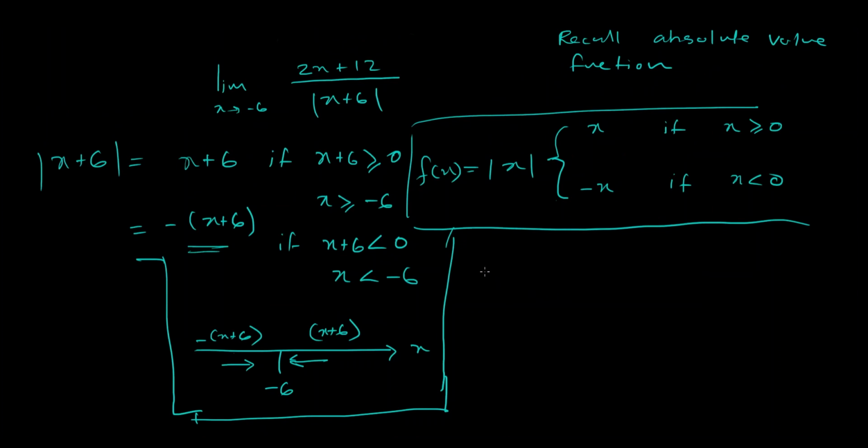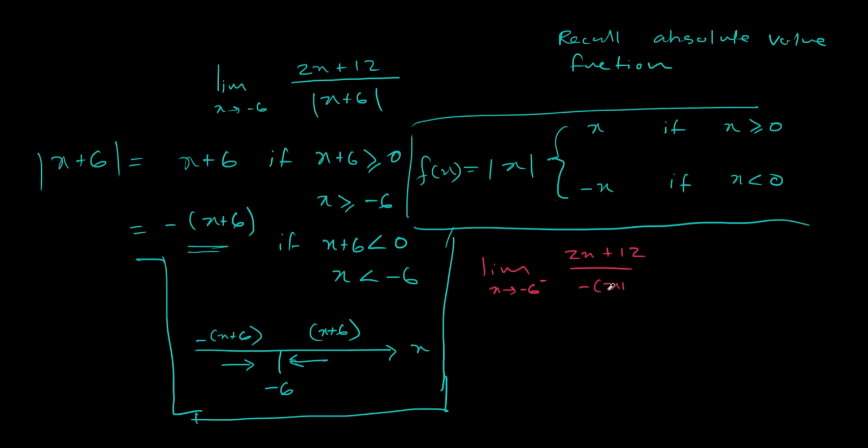So here, now we're going to take the limit. Let me change the color. The limit as x goes to minus 6 from the left hand side, that is equal to the limit of 2(x plus 6) over minus (x plus 6).